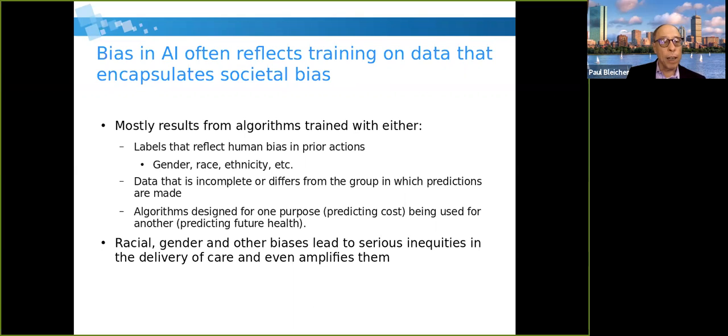Another way that bias can be incorporated is in the accuracy of the predictions for particular groups. And this is really important because with data, it's often easier to get particular ethnic groups to participate in certain things. Let's say genetic testing, for example.